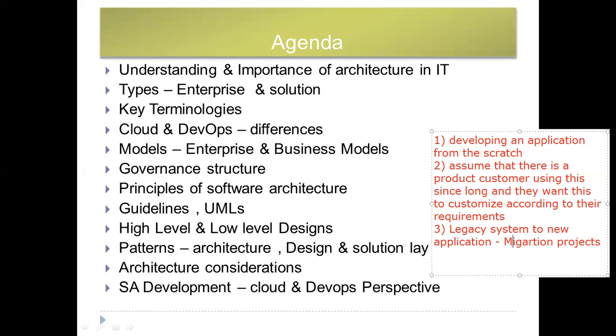Let me give you an example again. Say there is a mainframe application already used by the customer, which is called legacy. Now, in the context of healthcare claims, there is an application for claim processing called Facets, F-A-C-E-T-S.